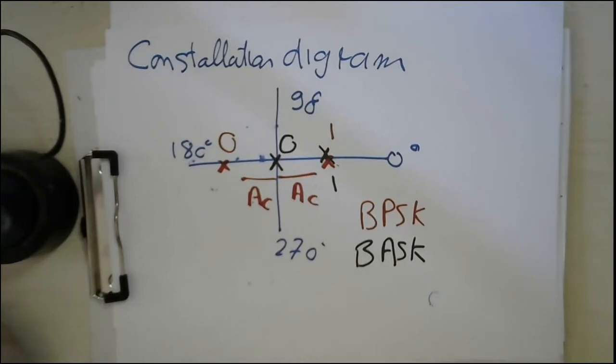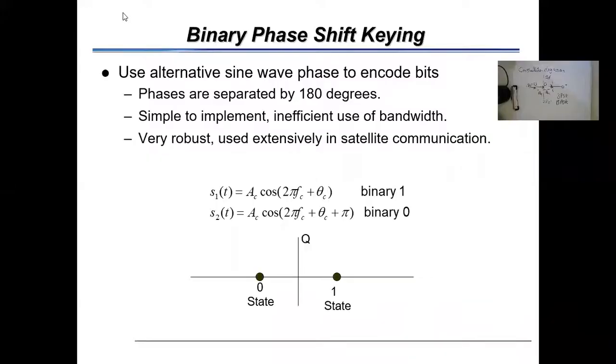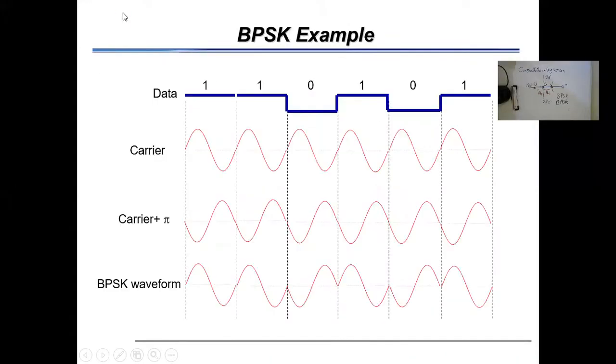So this is the constellation diagram. I hope that you get the message from this slide. This is simply how it looks whenever you have 1s and 0s.